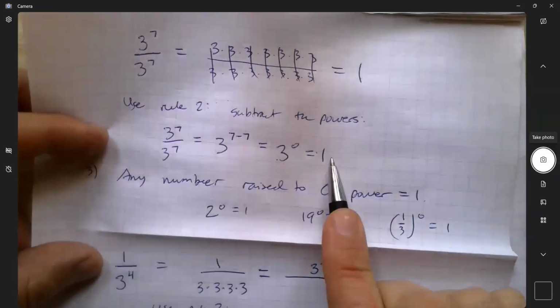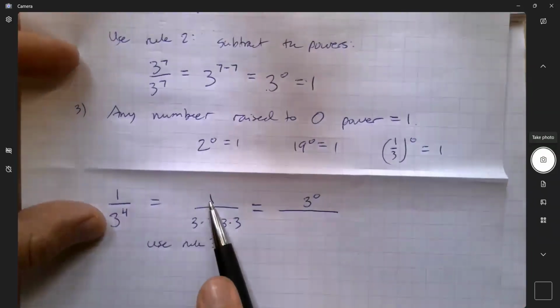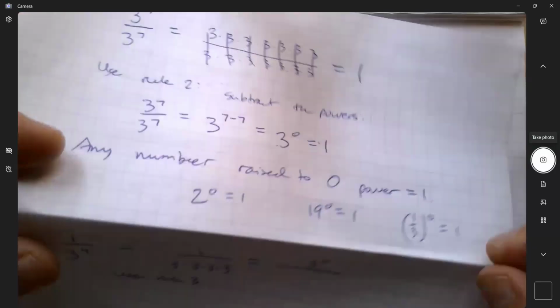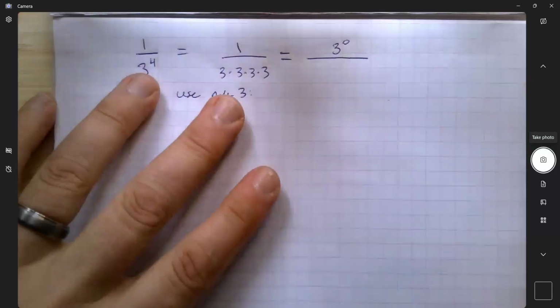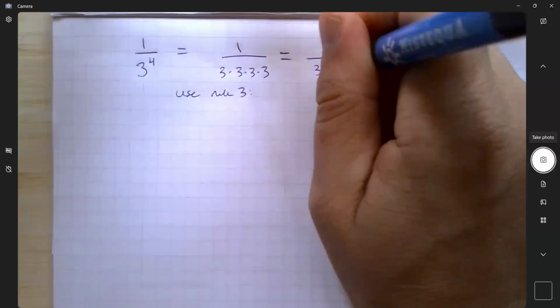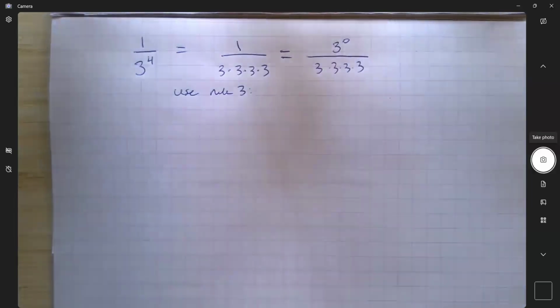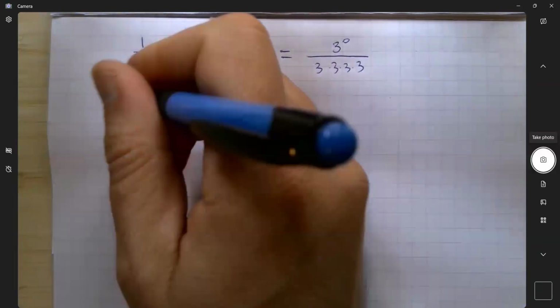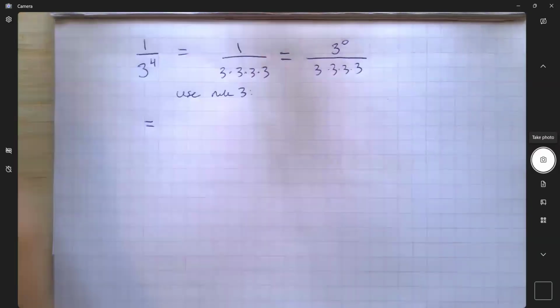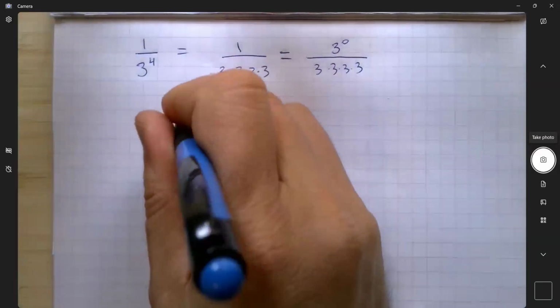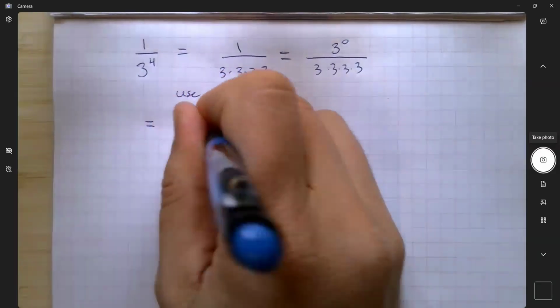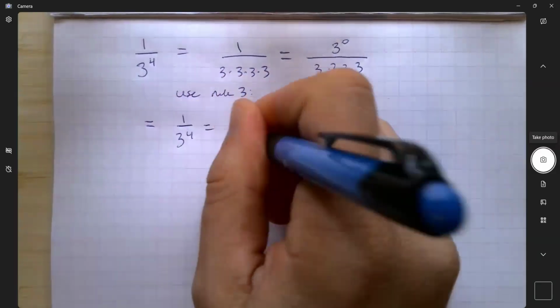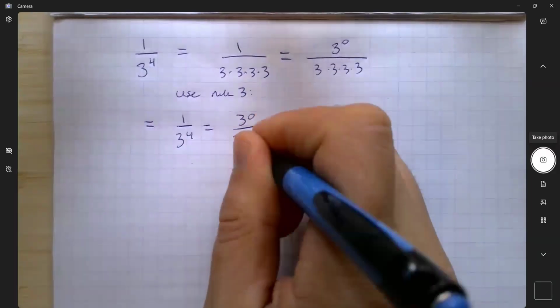3 to the 0 equals 1, so I can rewrite the 1 in the numerator as 3 to the 0. And I have these 4 3's in the bottom. So rewriting 1/3 to the 4th as 3 to the 0 over 3 to the 4, that's the power.